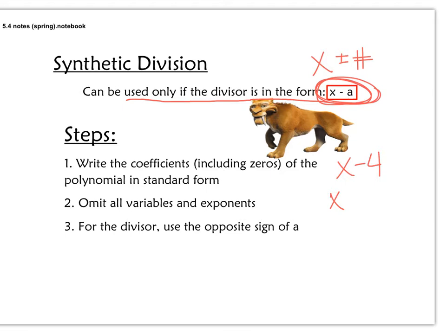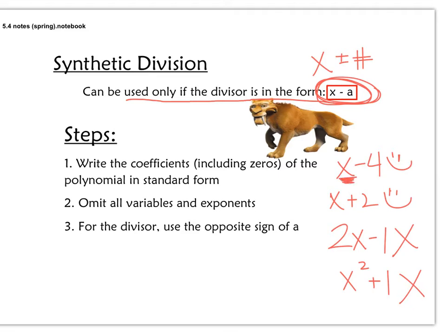If I'm dividing by x plus 2, I can use it. That's good. If I'm dividing by 2x minus 1, wrong, can't use it. If I'm dividing by x squared plus 1, wrong, can't use it. It has to just be x and then either plus or minus just a random number.